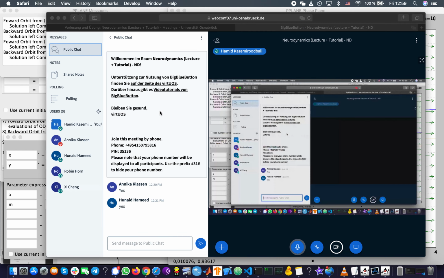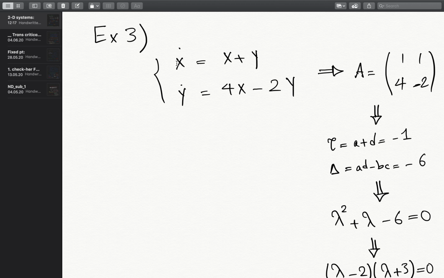So the next example is about linear formulations. x dot is equal to x plus y, and y dot is equal to 4x minus 2y. Then I have this a, which is 1, this b, which is 1, this c, which is 4, and this d, which is minus 2.